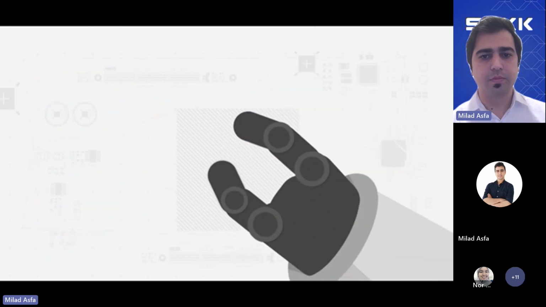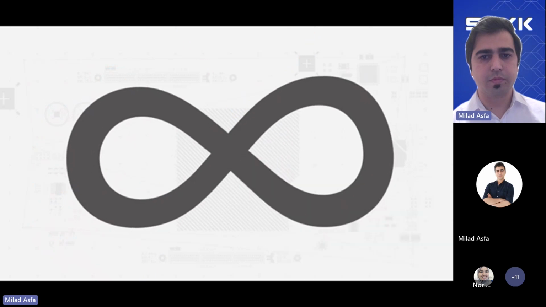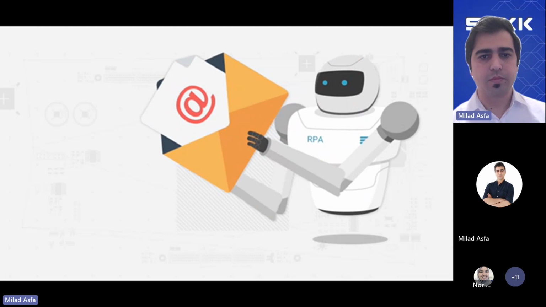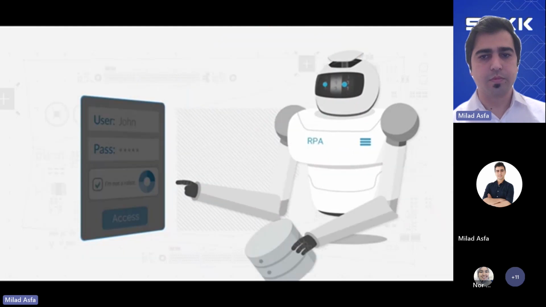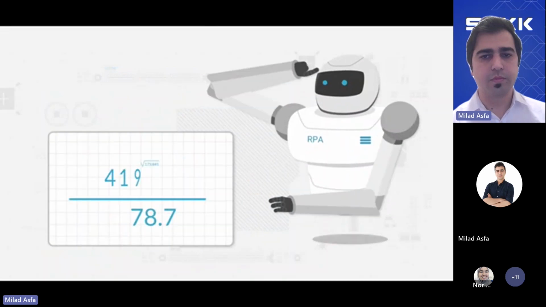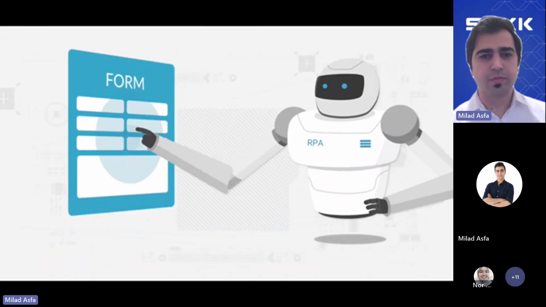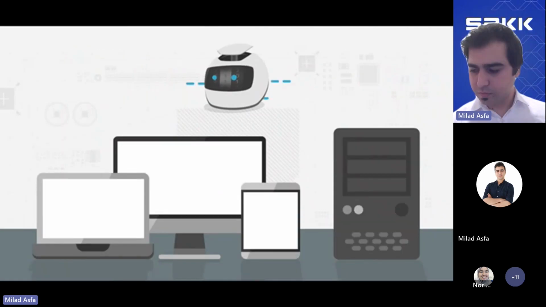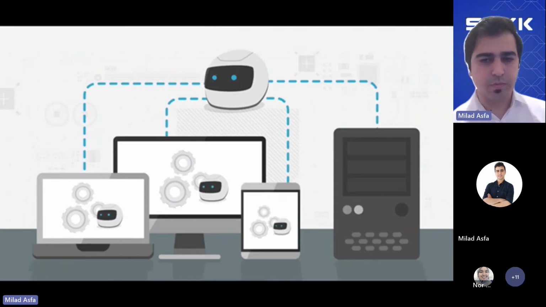The possibilities of RPA are practically endless since it can address any sequence of tasks. For example, it can open emails, log in to applications, read databases, access files, perform calculations, fill out forms, etc. Therefore, the scope for the technology is any department or sector that uses Office and IT applications.